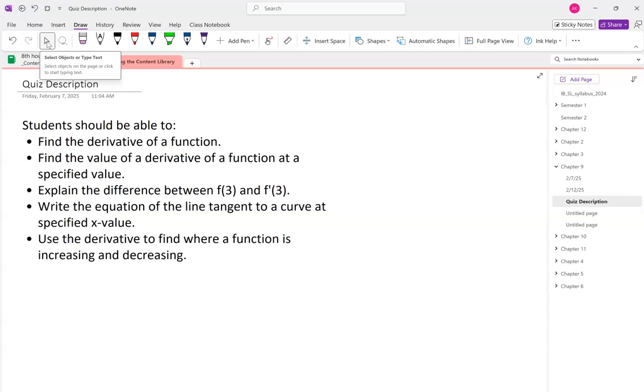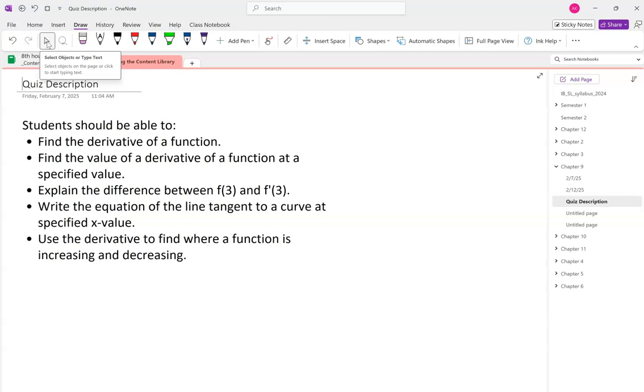My quiz description for Chapter 9: you should be able to find the derivative of a function using the power rule. You should be able to find the value of a derivative of a function at a specified value, so take the derivative and then plug the number in. Explain the difference between something like f of 3 and f prime of 3.